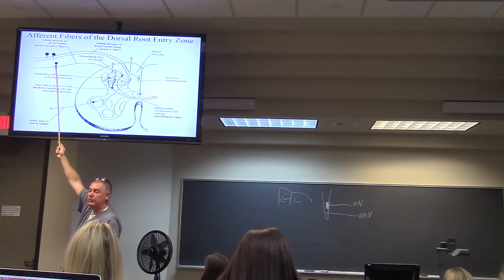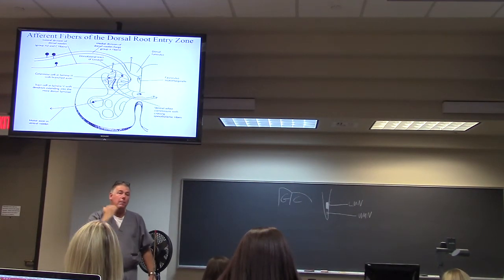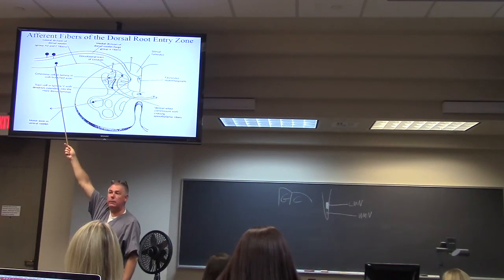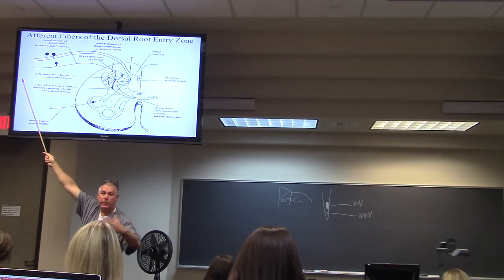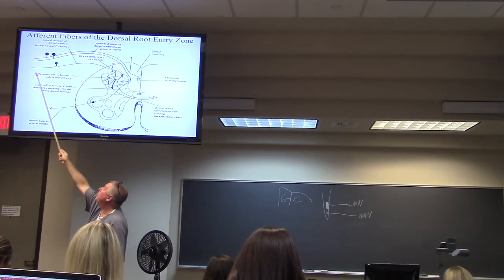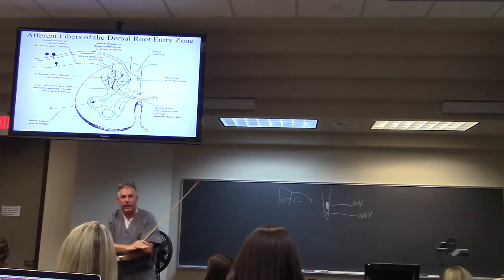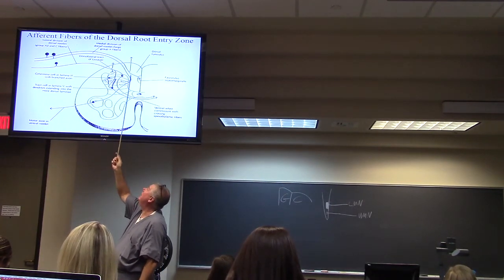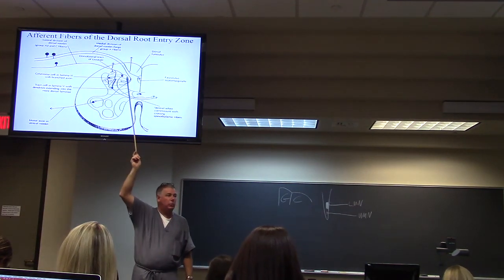The cell bodies, remember from anatomy, of sensation below the mandible are located in the dorsal root ganglion. The peripheral process goes out, comes in, brings information in from the skin, joint receptors and so on, enters the dorsal horn, and does not synapse, but ascends in the dorsal column.